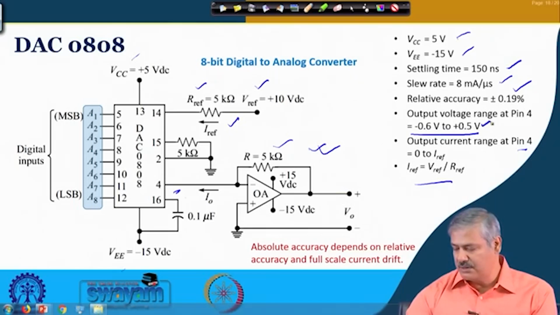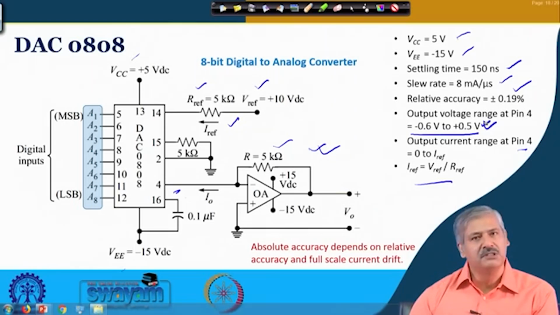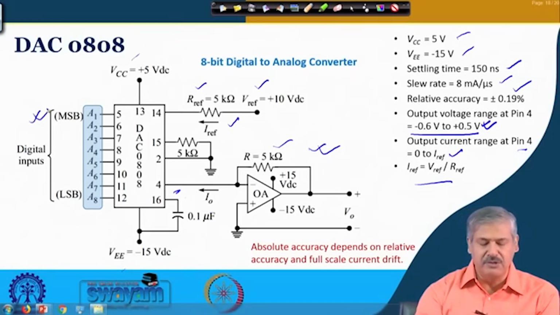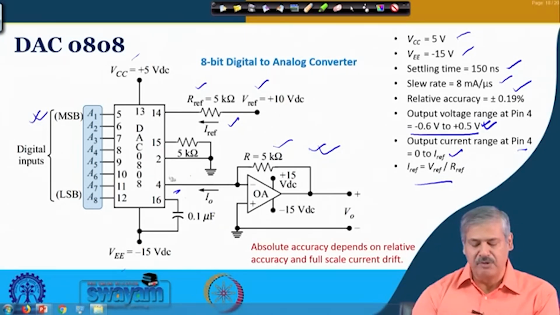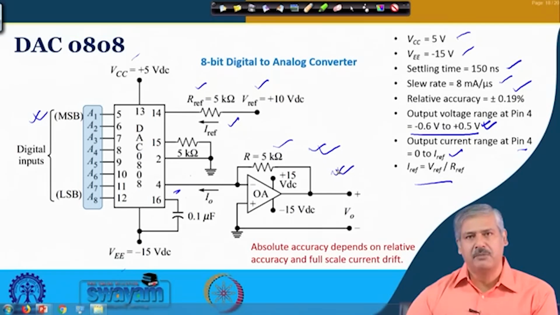So, this particular output voltage is not of much concern, but the output current that is varying because of the digital input is of importance for this particular DAC, and after that there will be an op-amp based amplifier like this, fine.